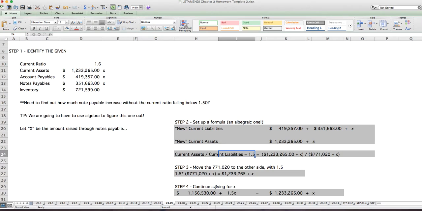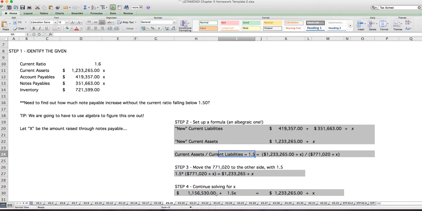The next step is that we have to continue solving for X. So when you work it out, you get 1.1 million plus 1.5x. Why 1.1 million? Let me continue to explain here. So 1.1 million plus 1.5x equals 1.2 million plus x.